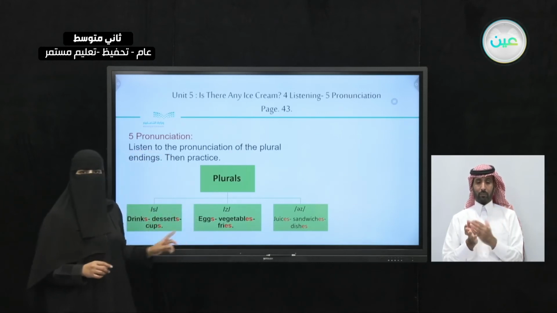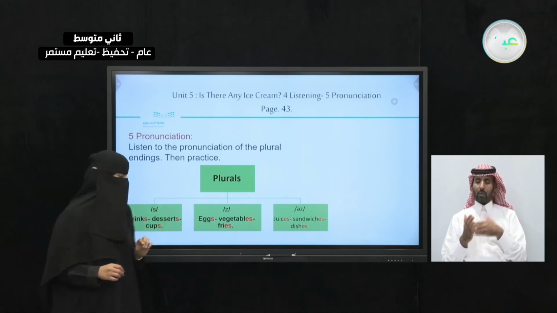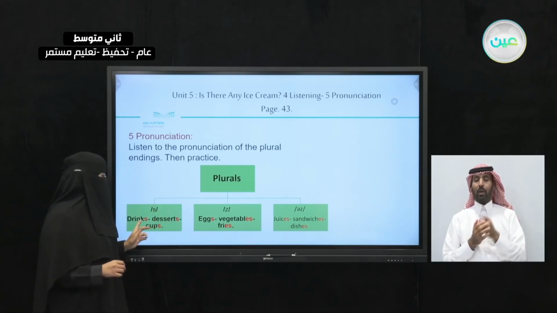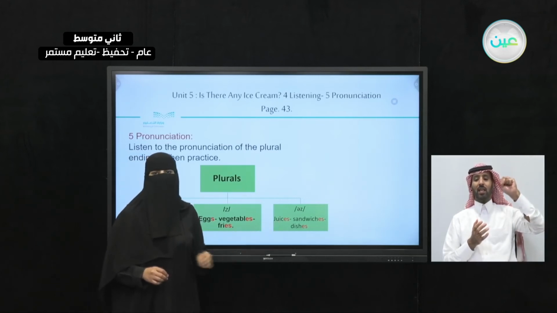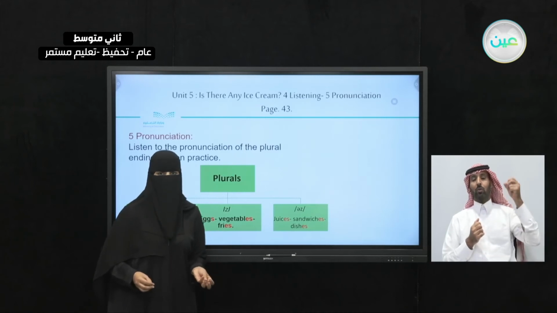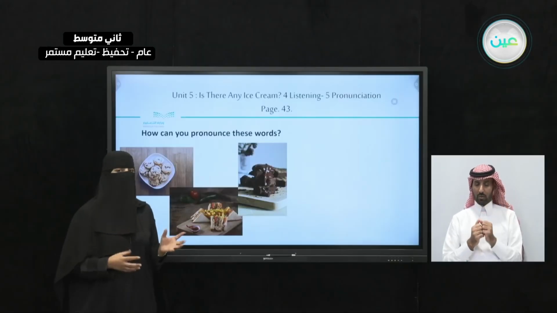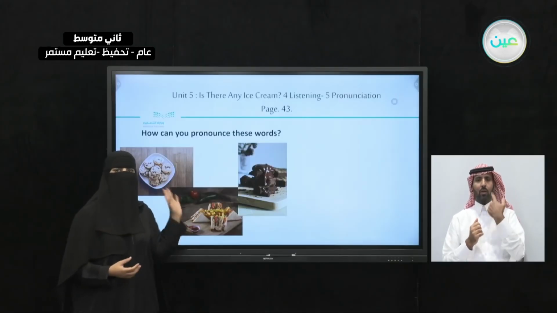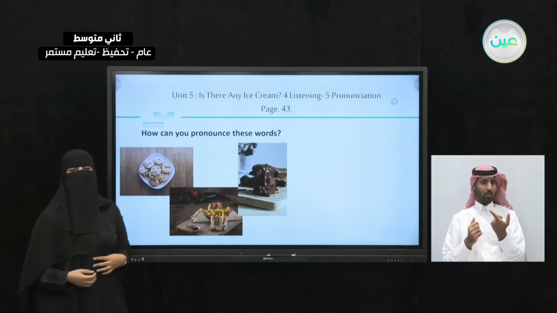Now, I will read the words one more time. Pay attention to the last sound. Drinks, eggs, juices. Did you hear the difference? I want you to try to practice yourself. Now, let's take a look here. I want you to look at these three pictures. I want you to try to pronounce the things that you can see here in these pictures. So what do you see in the first picture here?